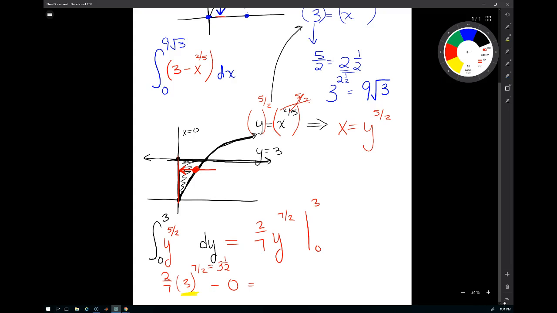So we want to cube the 3, and then we also still need a square root. So cubing 3 gets 27. So I've got 2/7, and I've got 27, and then 3 to the 1/2 power is a radical 3. And we can clean this up a little bit just by multiplying this stuff into the numerator. So we get 54 radical 3 over 7.